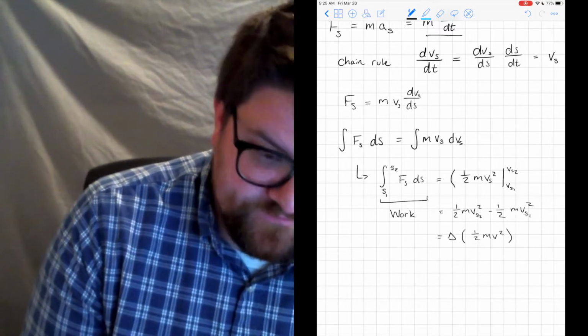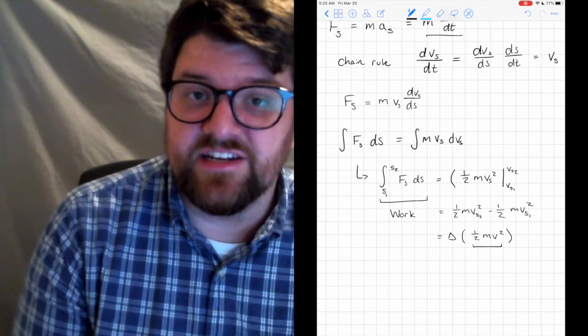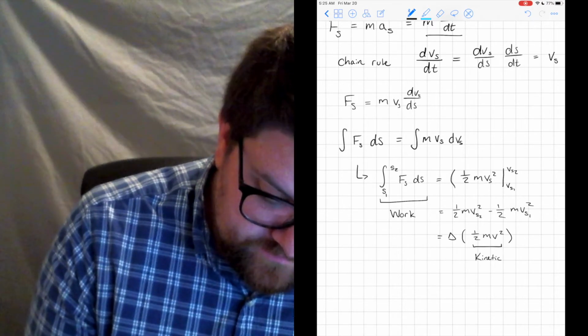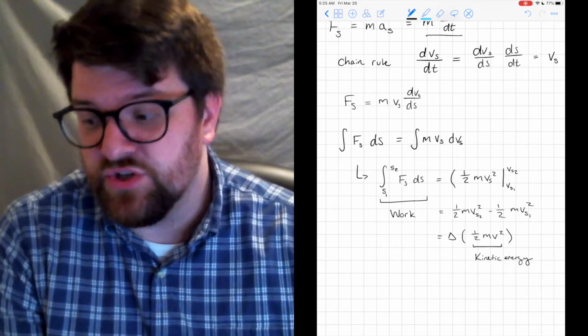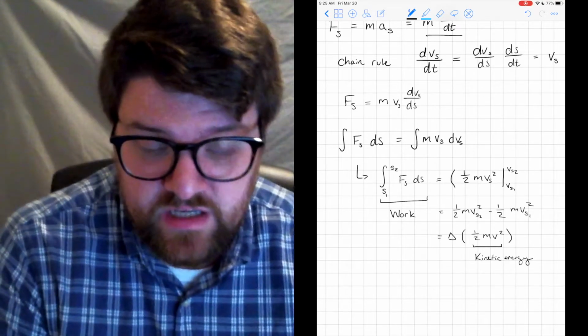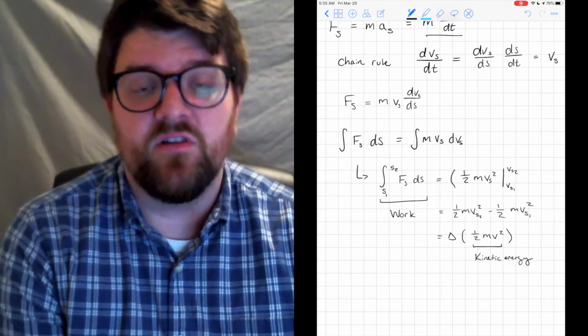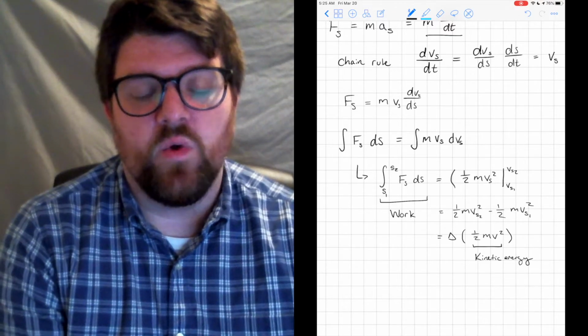So this stuff in here is what we're going to call kinetic energy. It's a measure of how much a system is moving, but not only just how much it's moving, but how much mass there is involved in it. It's a scalar quantity.